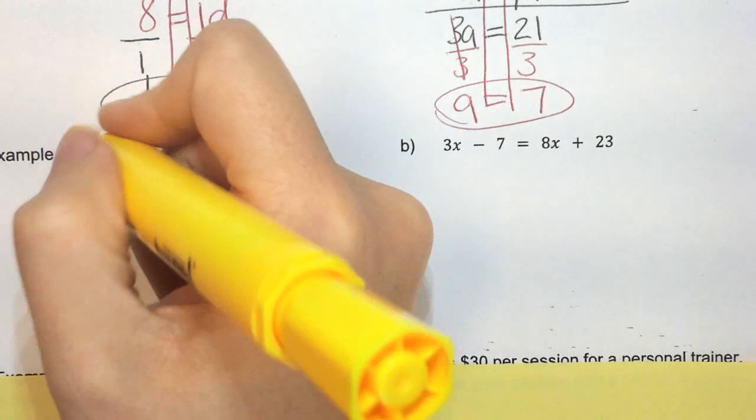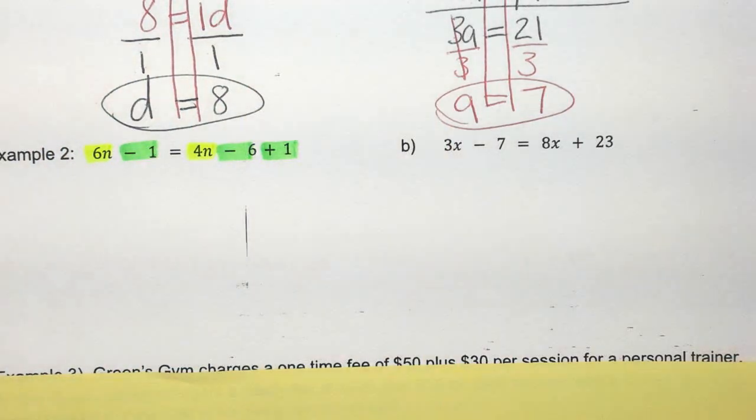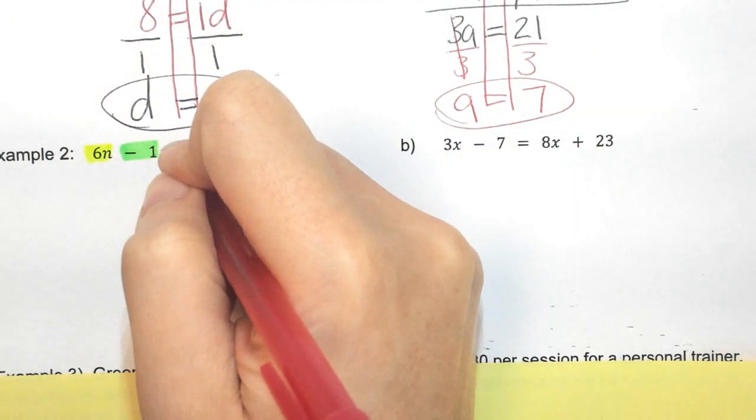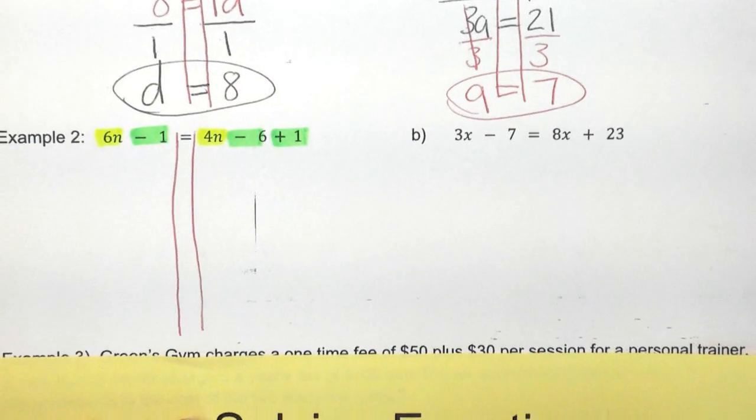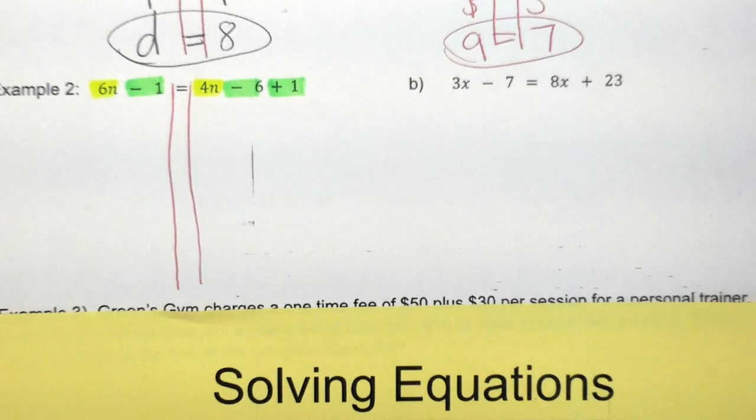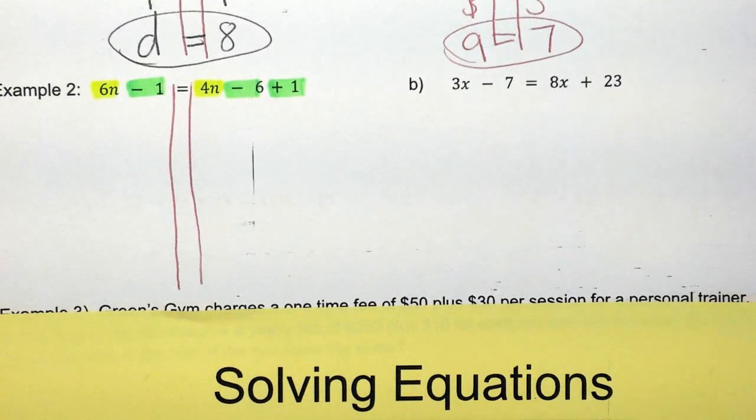So that means my 6N and my 4N are going to be in the same color. On this one, Kaylin, do I have any like terms on the same side? Yes, I do. What are they? Very good. -6 and +1.